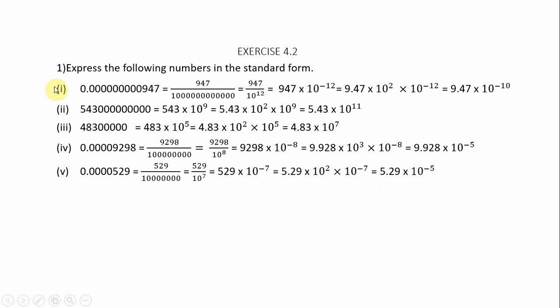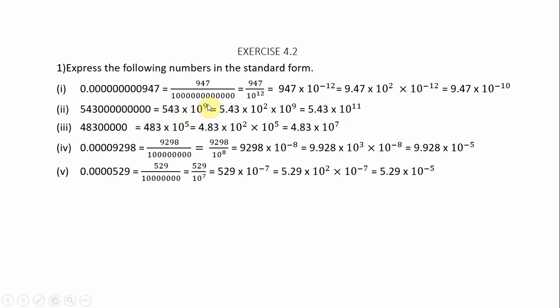Now coming to the second one and the third one, as they are not decimal numbers, meaning they are not proper fractions, what we do is directly take only the zeros into consideration. 543 followed by zeros, the number I have taken, and count the zeros: 1, 2, 3, 4, 5, 6, 7, 8, 9.